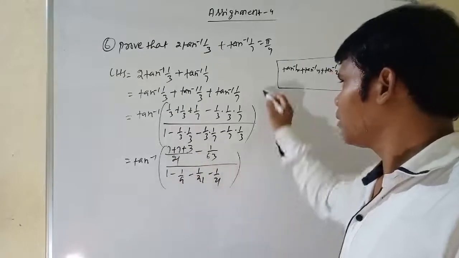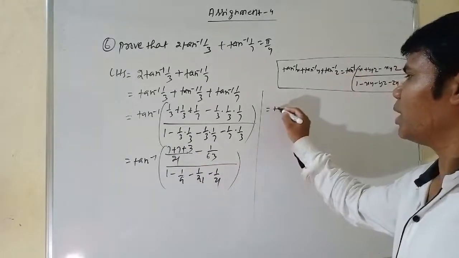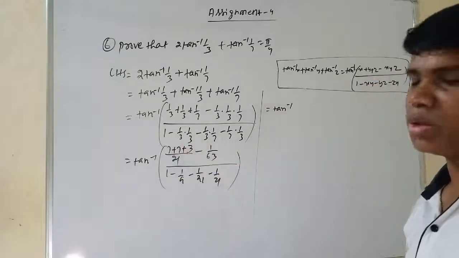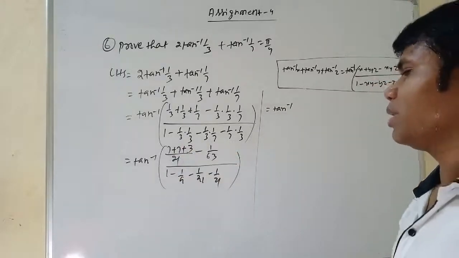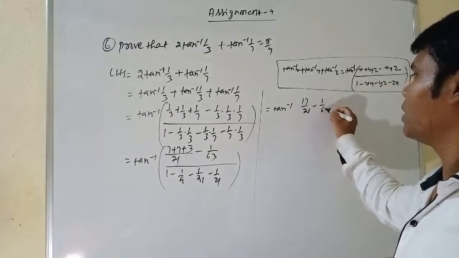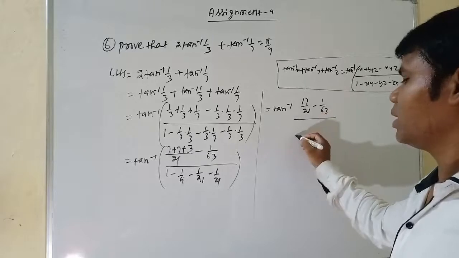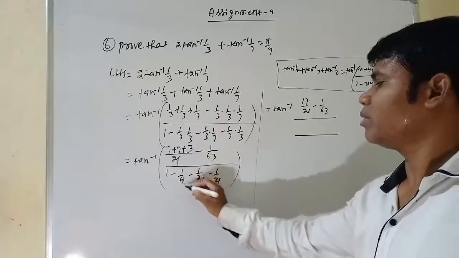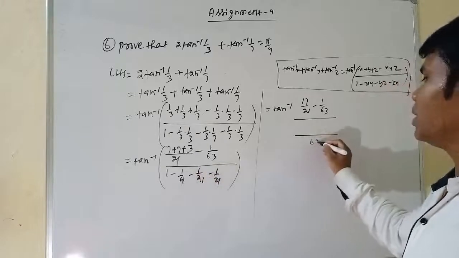Okay, is equal to tan inverse. This is 7 plus 7, 14 plus 3, 17 by 21 minus 1 by 63, divided by, here the LCM of 9, 21, 21 is equal to 63.